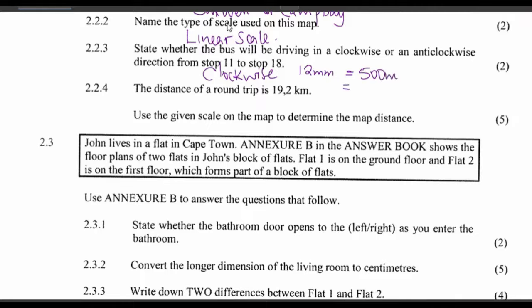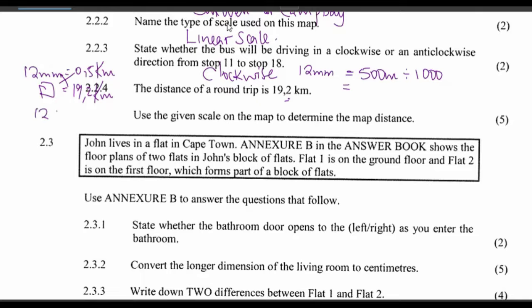So what about now? Let's change this to kilometers. Whereby if you have 12 millimeters, you have 0.5 kilometers. And the trip has 19,2. What shall we do? This goes with that.